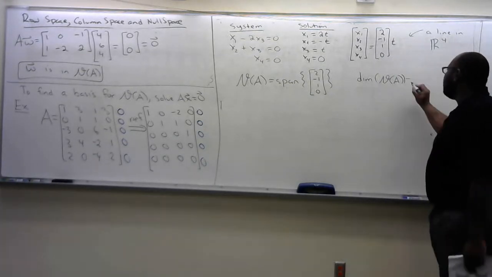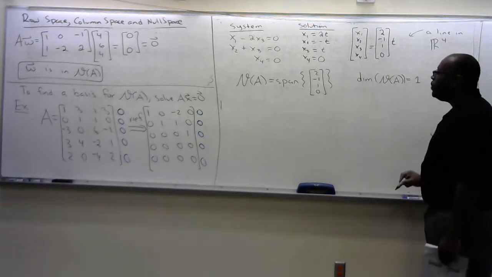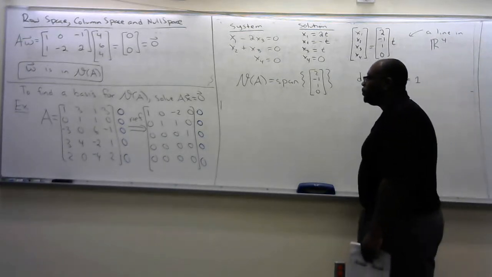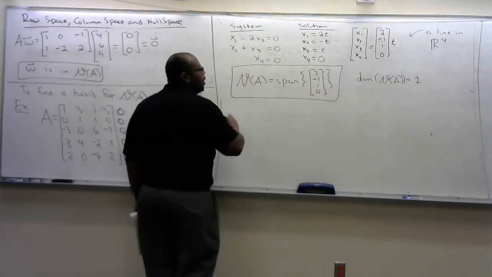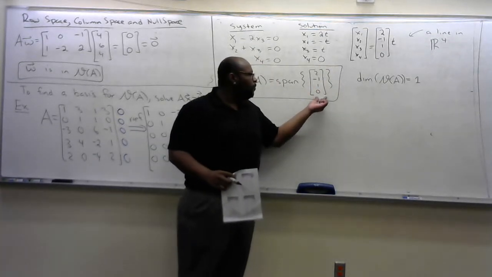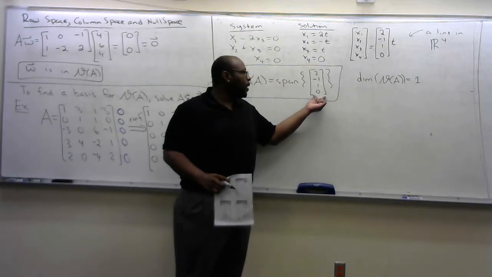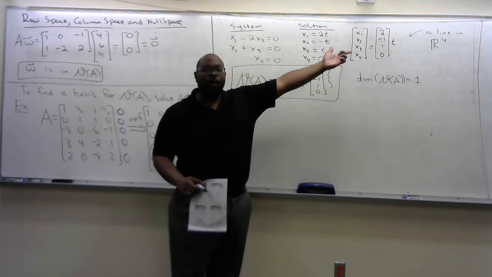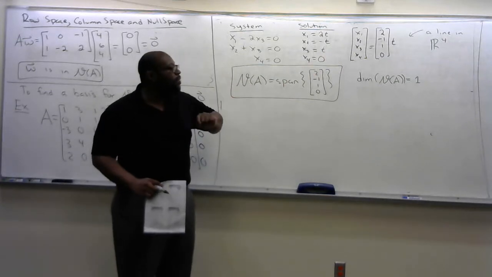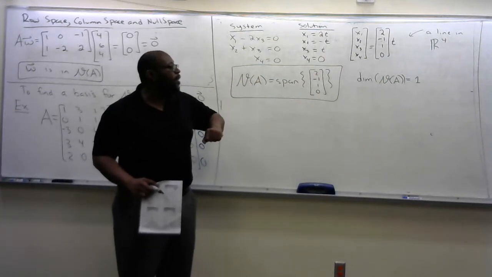The answer is 1, because I have one basis vector. The span of that is going to be a line in R4. The dimension of my null space is 1.